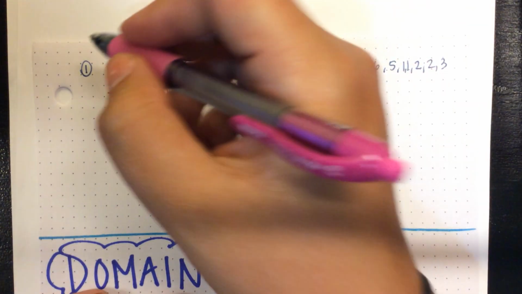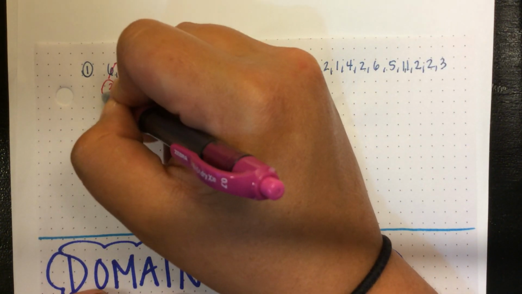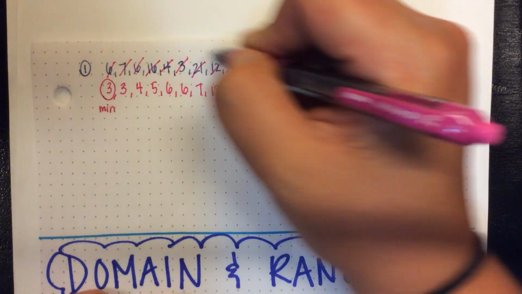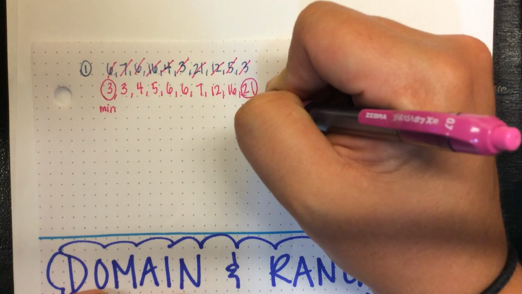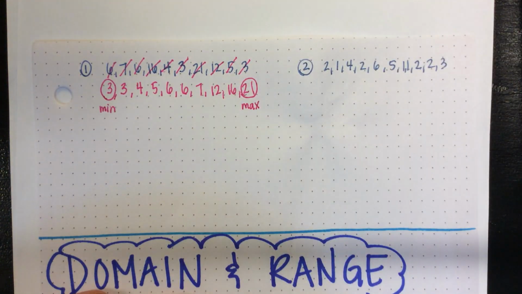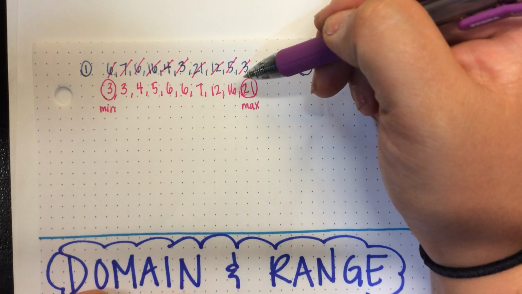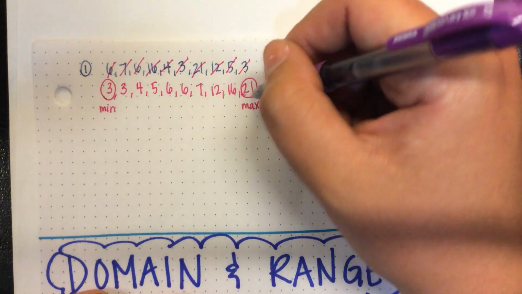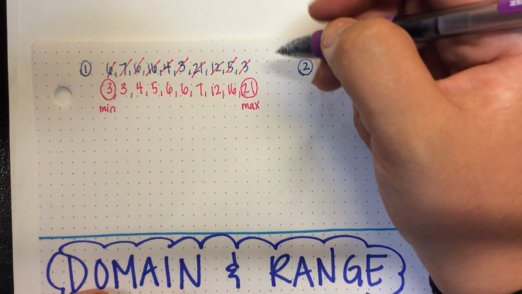So I automatically know this is going to be my minimum. This is going to be my maximum. Then I've got to find my median. I'm not going to actually cross out just yet because I've got to be able to see the numbers still to do my Q1 and Q3. So I'm just going to put little lines on the bottom so I keep track.